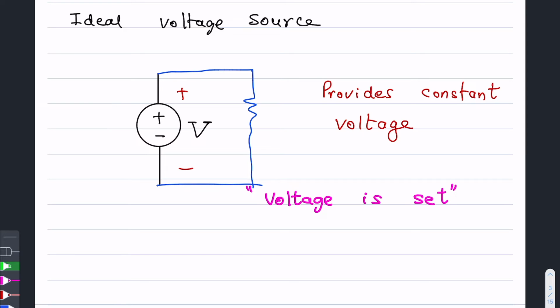The current I flowing through this device is set by the load, the external connection to the terminals of this ideal voltage source. However, independent of what the external circuit is, the voltage across the terminals is set.